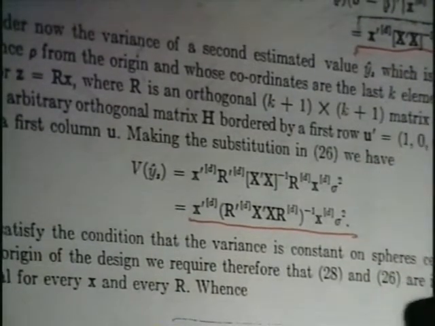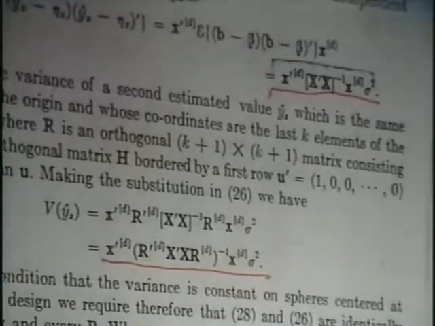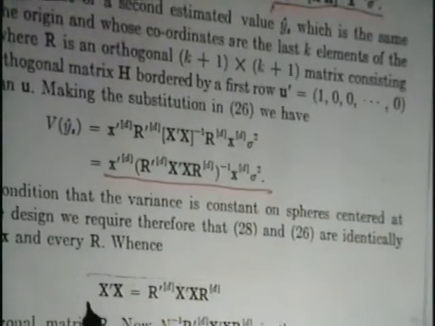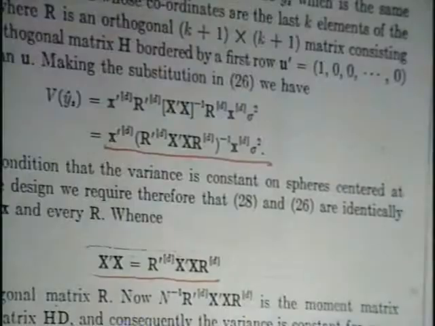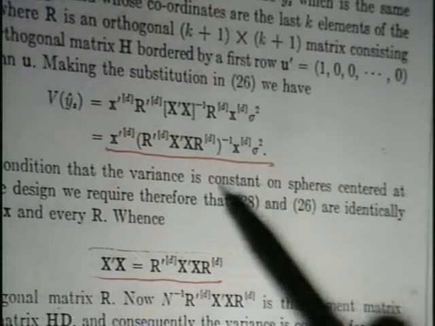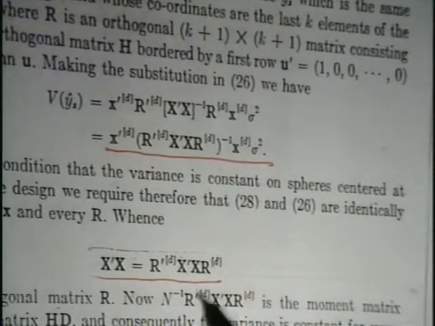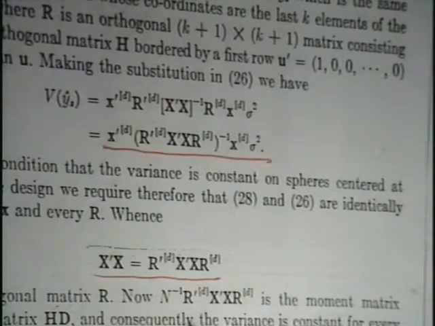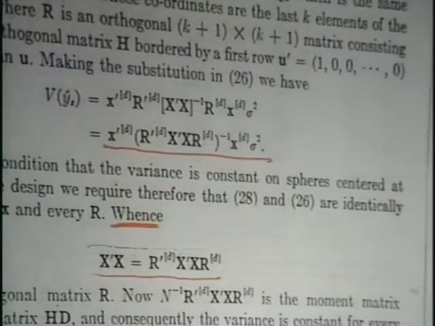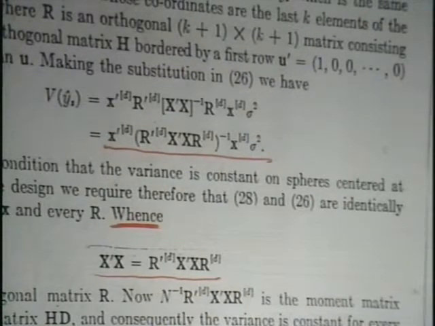Now the idea is if the variance function remains the same, now we want to make the transition to the matrices, then the matrices should be invariant, so that the notion of rotatability as it applies to the variance surface is equivalent to this notion as it applies to moment matrices. And what the authors say here is a dry "whence", and I'm going to talk about this "whence".